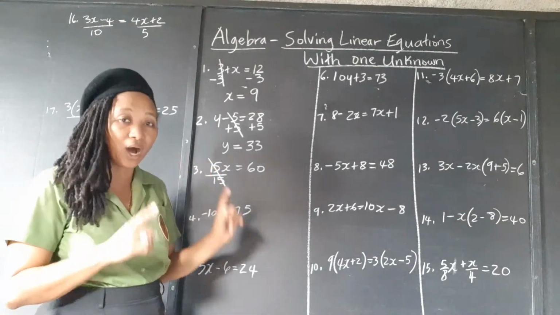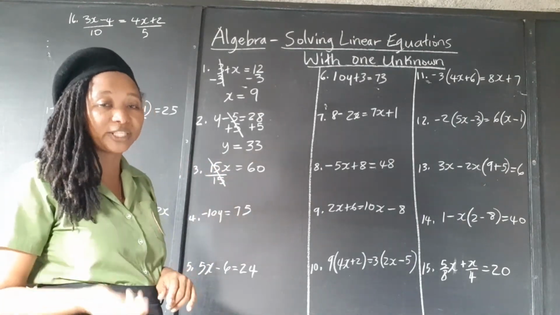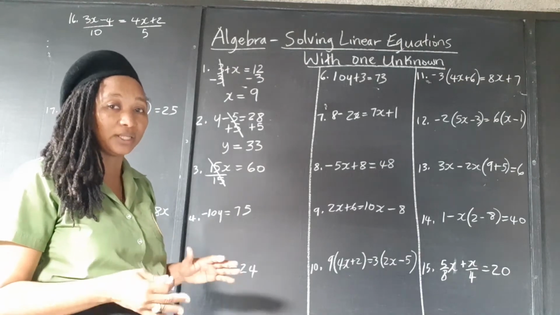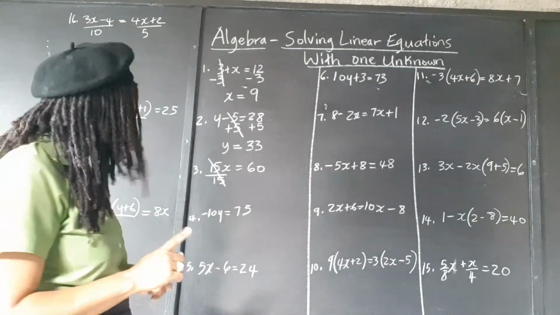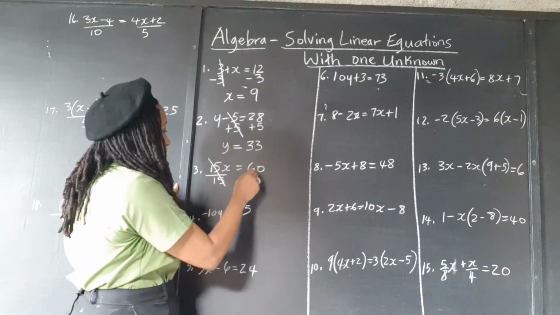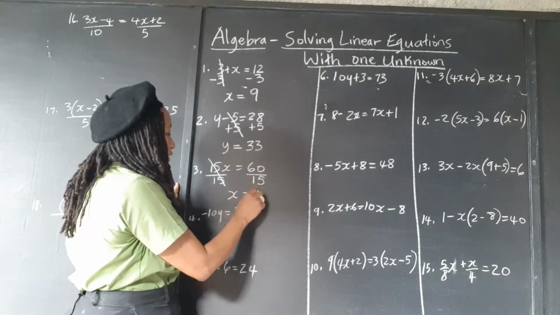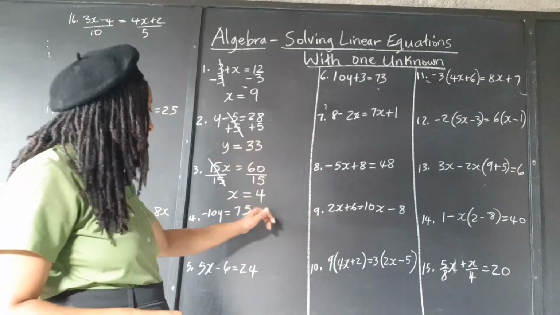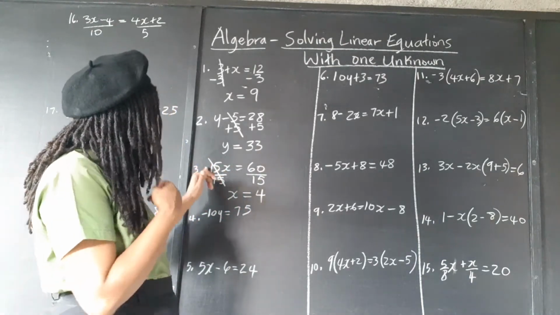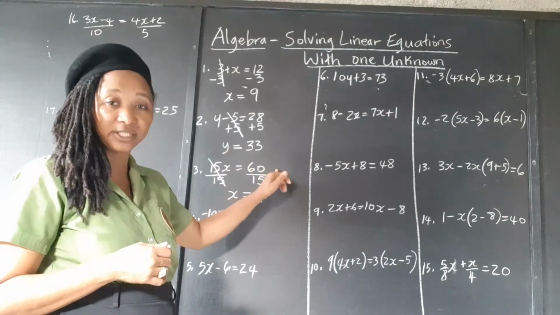So we want 1. In the case of multiplying and dividing, we want to have a coefficient of 1. So we divide by 15 and we have to do the same thing on this side. So x is equal to 4. And if we plug that back in, 15 times 4 does give 60.